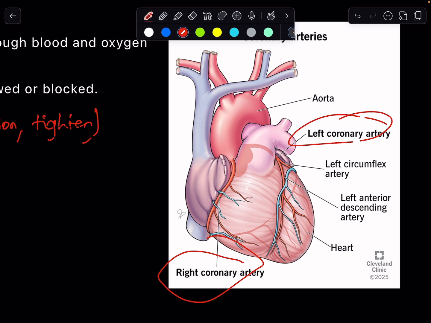Well, it needs blood itself, it needs oxygen, it needs to breathe. So the coronary artery is what supplies the heart with blood. Blood carries oxygen, so the coronary artery basically carries oxygen to the heart through the blood, in layman's terms. That's pretty simple, right?